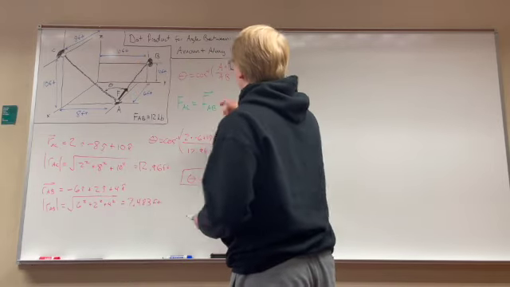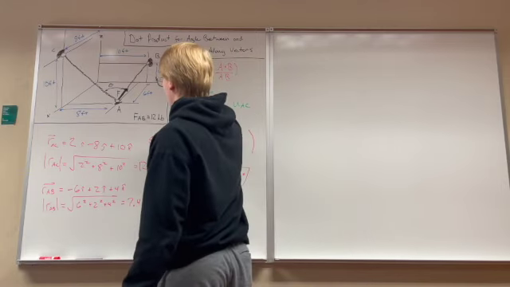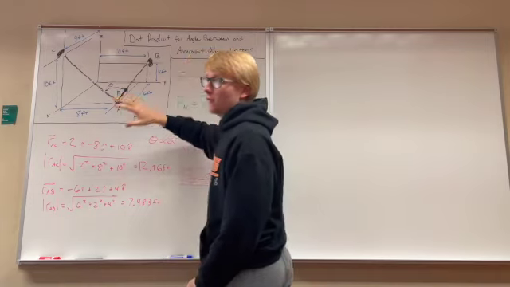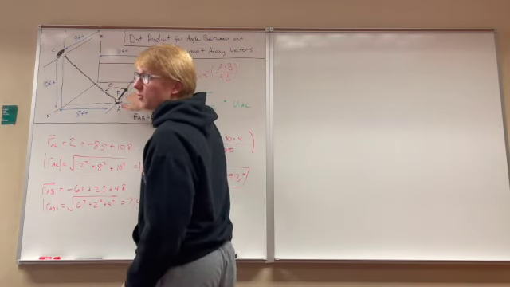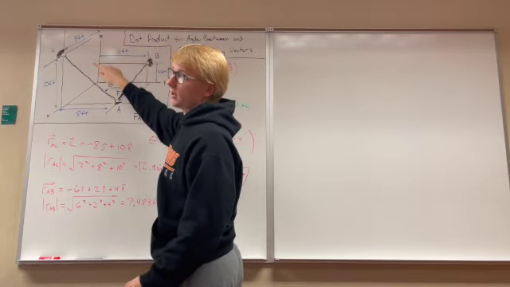And so this is kind of a hard concept, but essentially what we're doing here is we're going to calculate the amount of force from this F that is being applied in the AC direction, exactly in that direction.